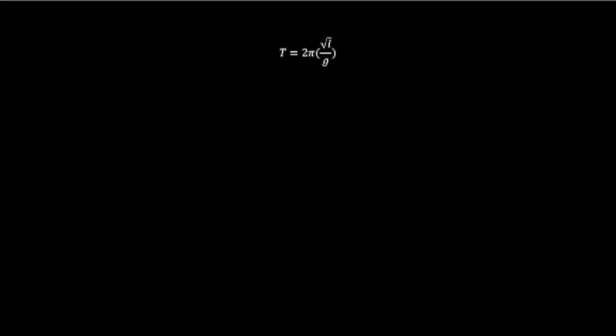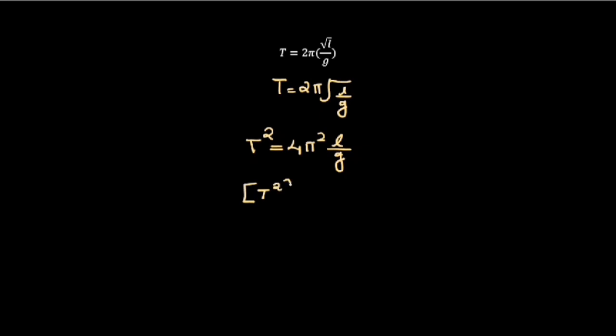So the next equation is T equal to 2 pi into root of L by G. To remove this root, we have to square this whole equation. Then the equation will become T square equal to 4 pi square L by G. The dimension of time is T and here it is square, so it will be T square. 4 is a constant and pi is a constant, so there is no dimension.